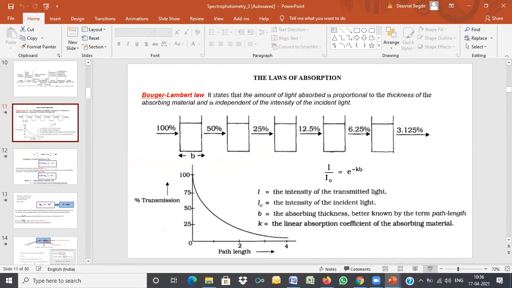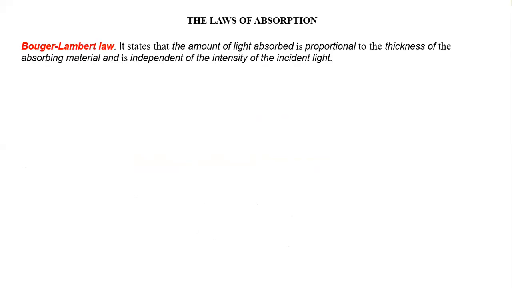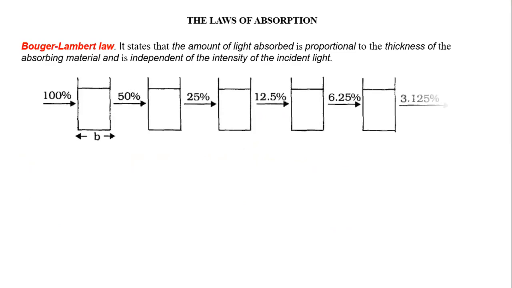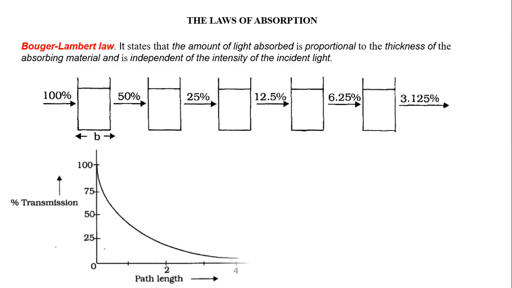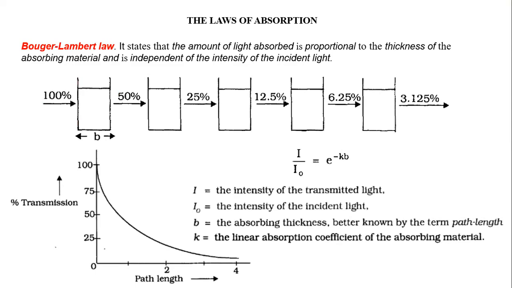As the thickness increases, the extent of absorption also increases, and then we arrived at a relation relating the amount of transmitted light with thickness. As the amount of transmitted light goes on decreasing because the absorption is increasing with increasing thickness, we arrived at this relation, which stands for a negative slope.